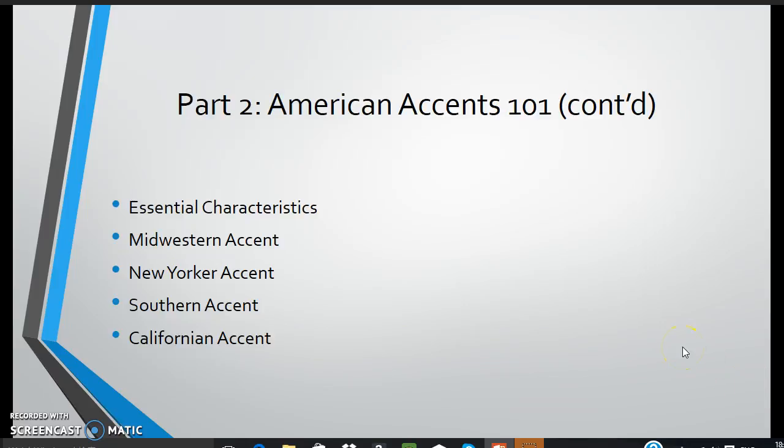Let's see if we can dive into the accents here. The first accent that we have is the Midwestern accent. Essentially, the Midwestern accent is known as the most common or the default American accent.